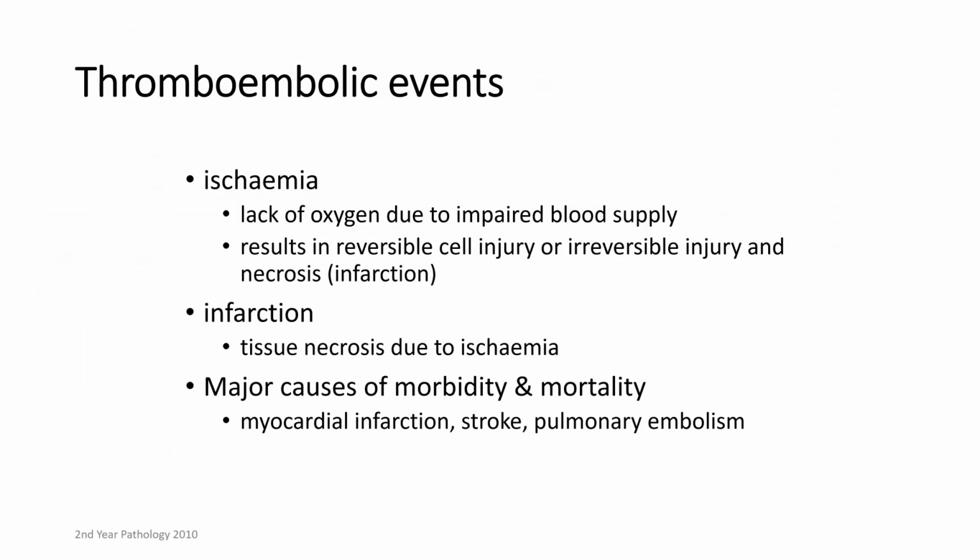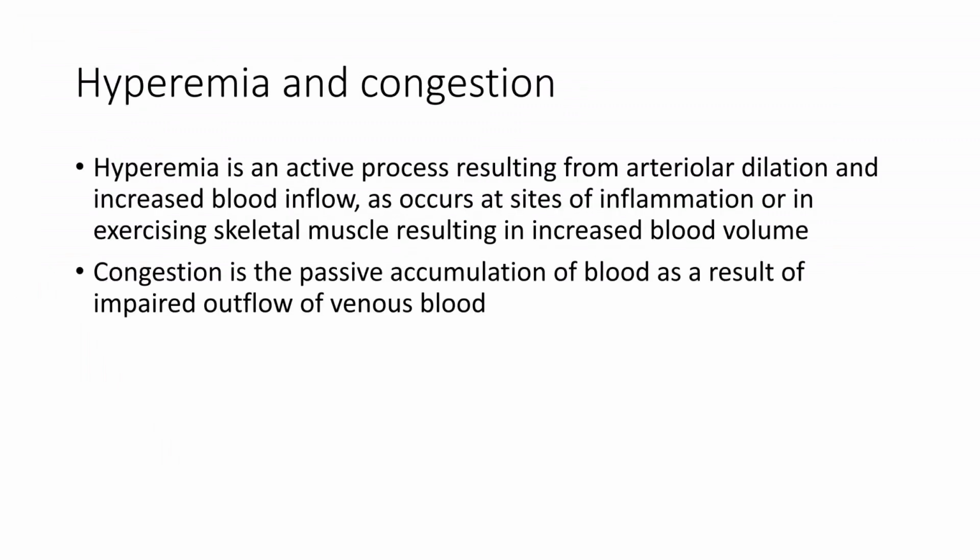We also have hyperemia and congestion. Hyperemia is an active process resulting from arteriolar dilatation and increased blood inflow, as occurs at sites of inflammation or exercising skeletal muscle, resulting in an increase in blood volume.